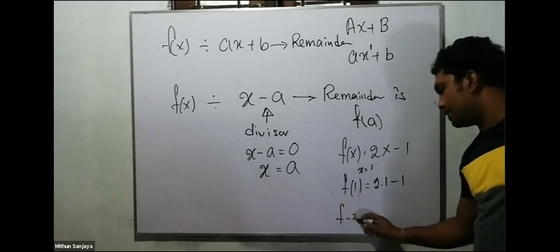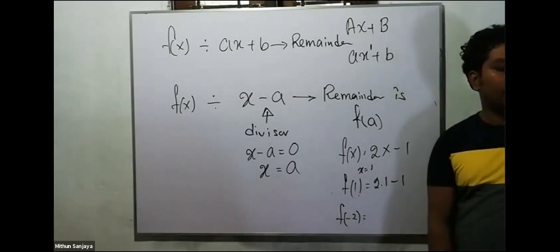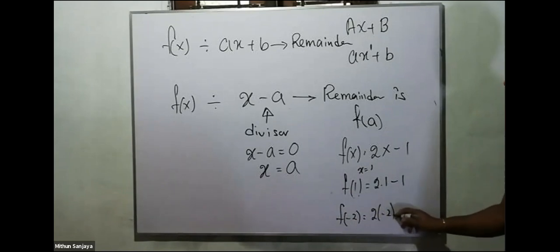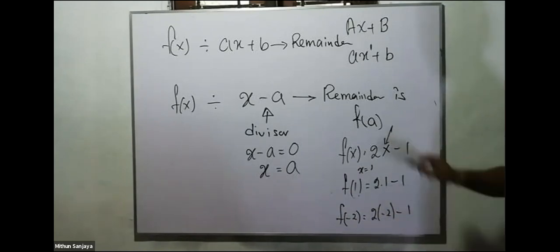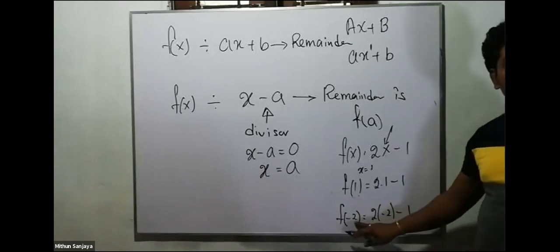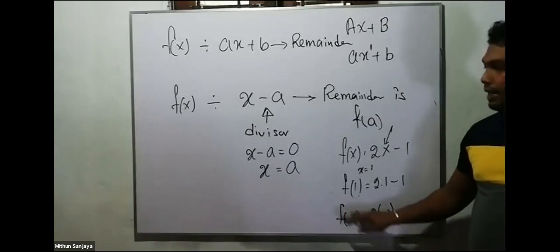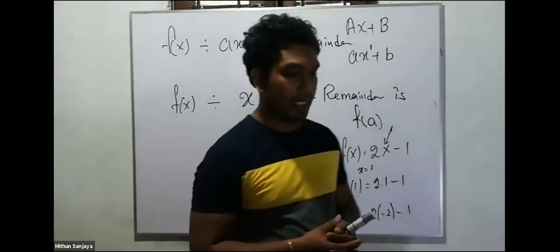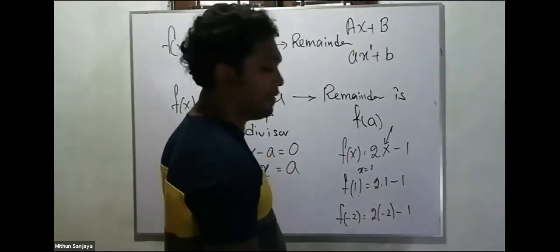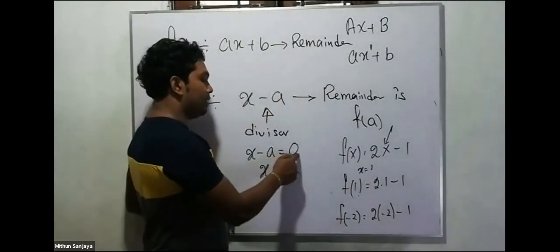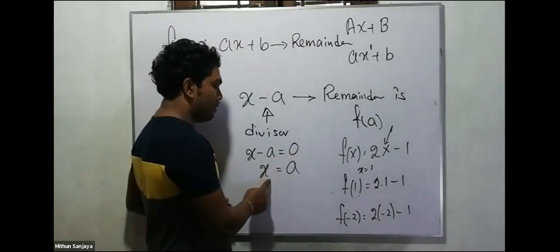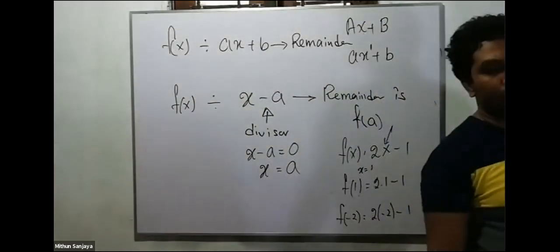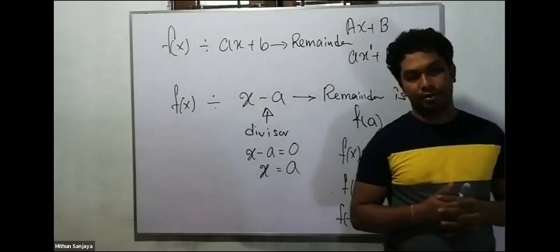Then what is f(minus 2)? It means we substitute 2 times minus 2 minus 1. The x value needs to be substituted there. That is f(a), where a is any value. How do we take that a? The divisor equal to 0 gives the x value, and we substitute it into the function. Now you have a clear idea of what that is.